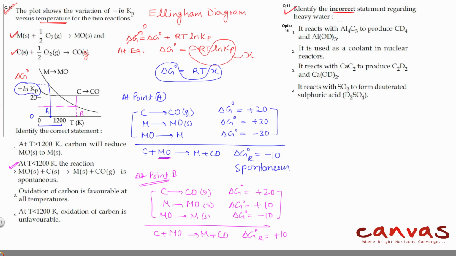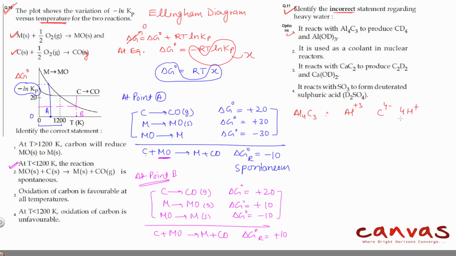Incorrect statement regarding heavy water. Now we all know the first option, aluminum carbide: whenever it reacts with water, it produces methane gas, because Al4C3, if you break it down into ions, will become aluminum 3 positive and carbon 4 negative. So carbon 4 negative is going to attach with 4 positive charges.